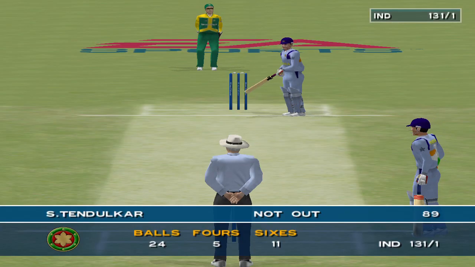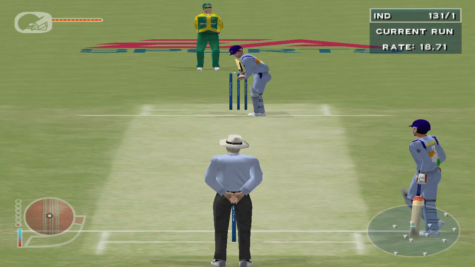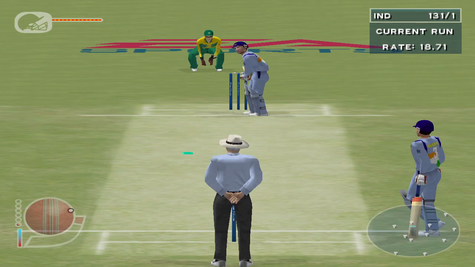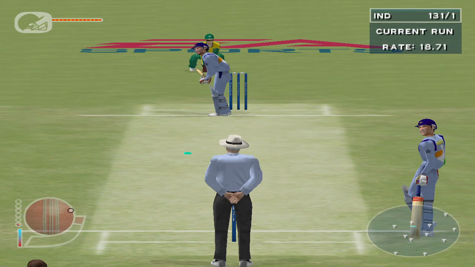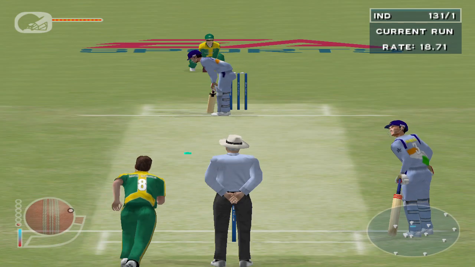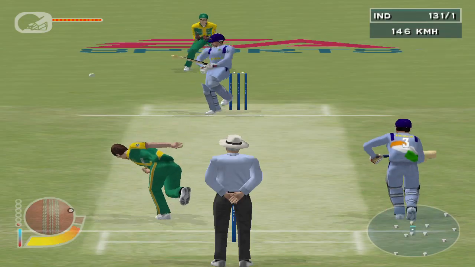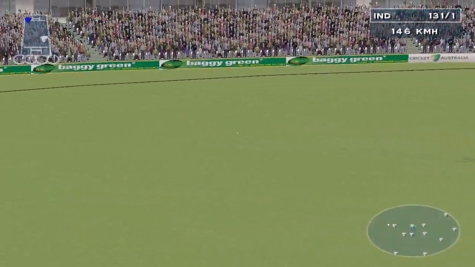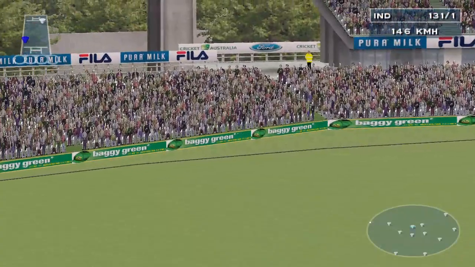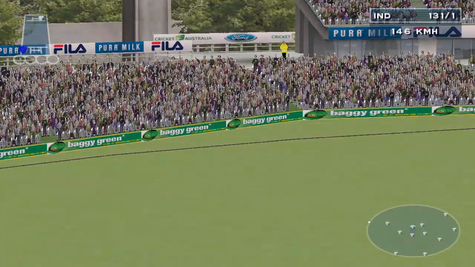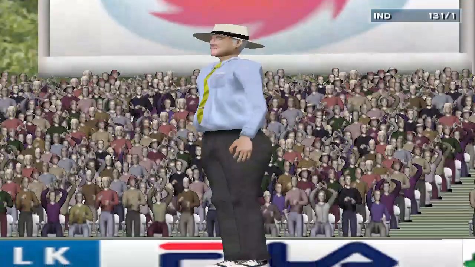India move on to 131. He's found the gap with that one. India have taken their total on to 135. It was a good shot, but the bowler shouldn't be bowling at him there.